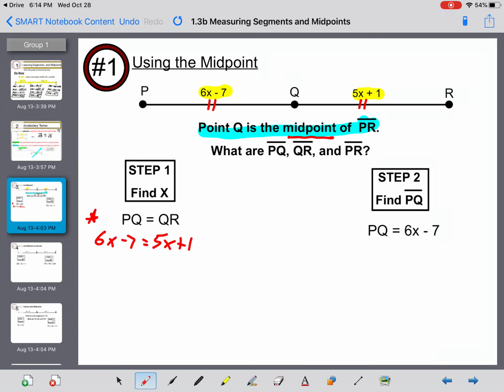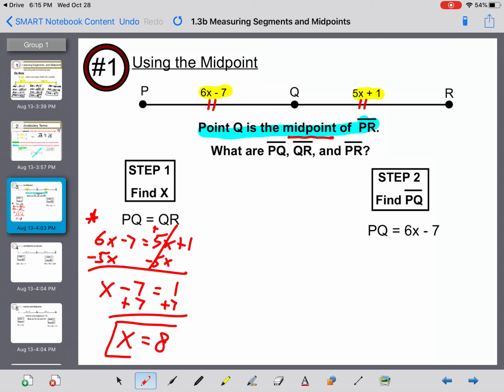I always suggest moving the smaller ones. So to move a positive 5x, you are going to subtract it on both sides. Your 5x's cancel, and 6x minus 5x makes x. Minus 7 equals 1. To isolate the x value, I need to add 7 on both sides. And x equals 8.